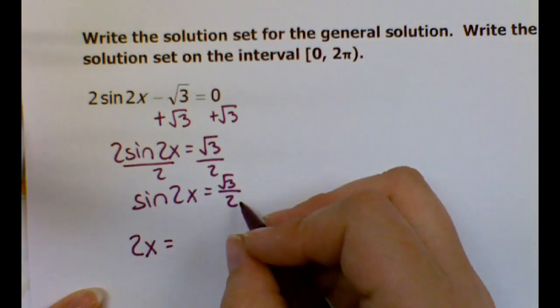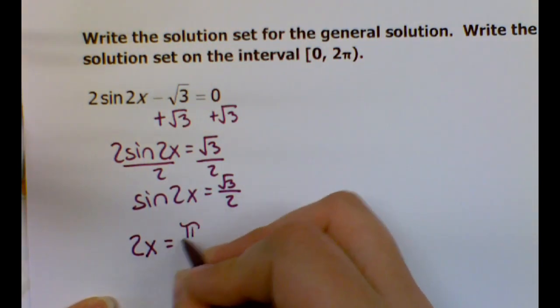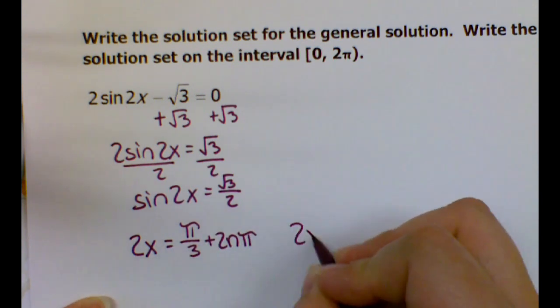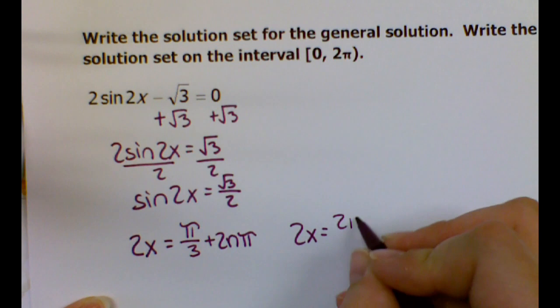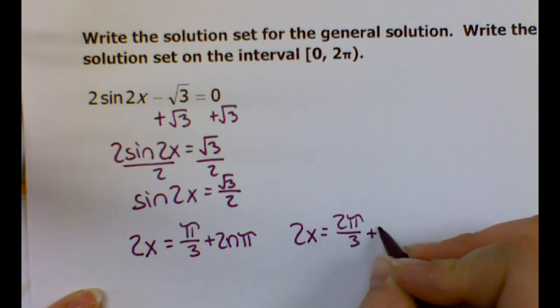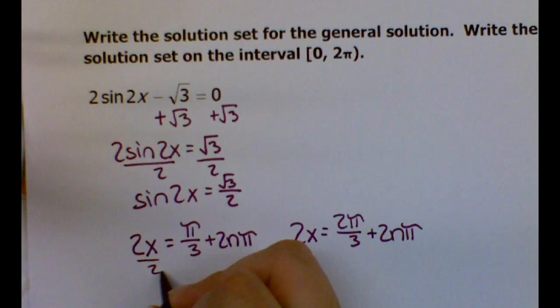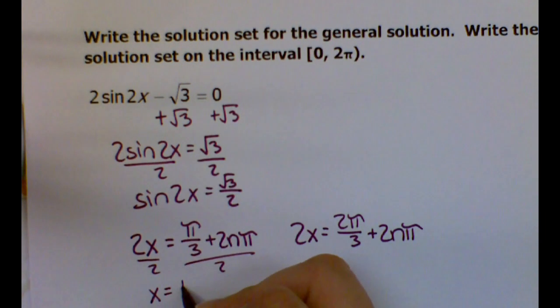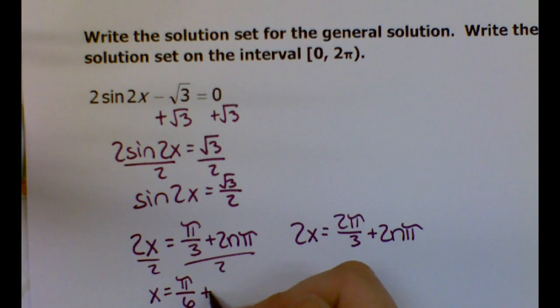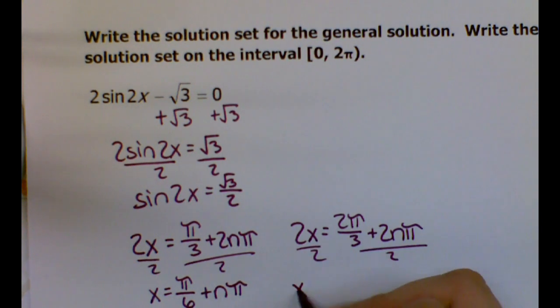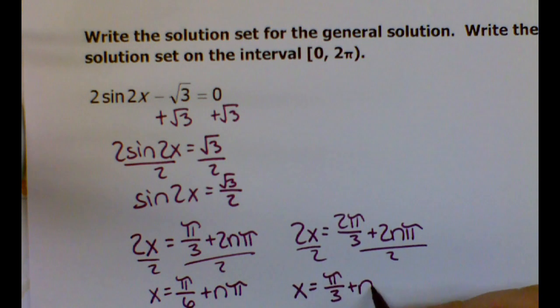So where's sine square root 3 over 2? Pi over 3 plus 2n pi and 2 pi over 3 plus 2n pi. I divide both sides by 2. I get pi over 6 plus n pi, and same thing here, x equals pi over 3 plus n pi.